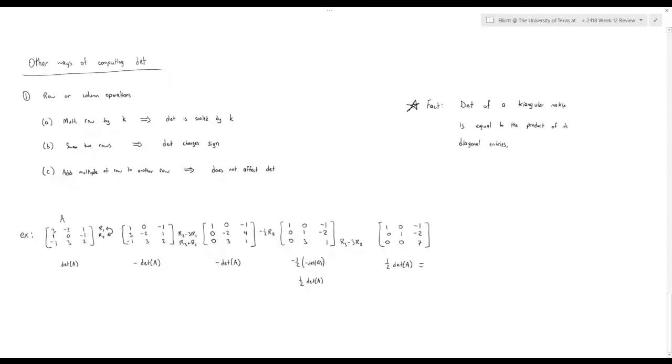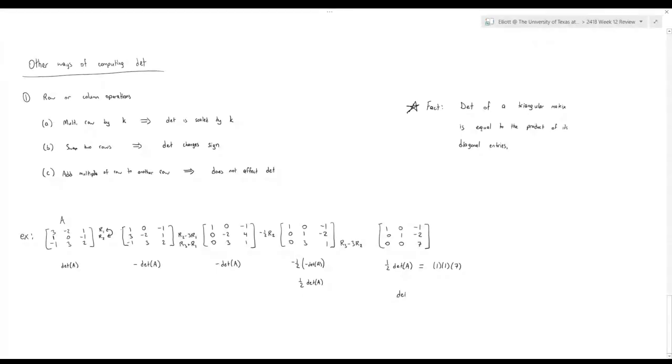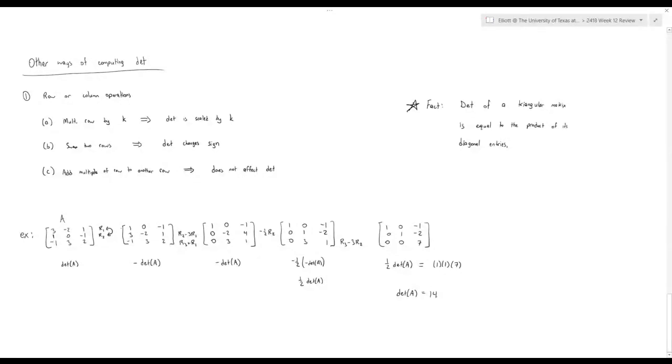Now, on the other hand, as a triangular matrix, we know its determinant is the product of its diagonal entries. So it should be 1 times 1 times 7. Okay. So we can solve for the determinant of A just by multiplying both sides by 2. So therefore, the determinant of A in this example is going to be 2 times 7, so it's going to be 14. Okay?